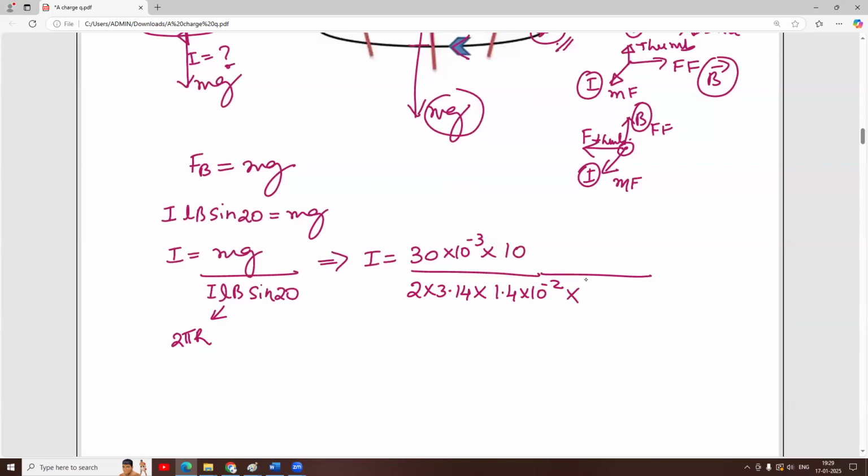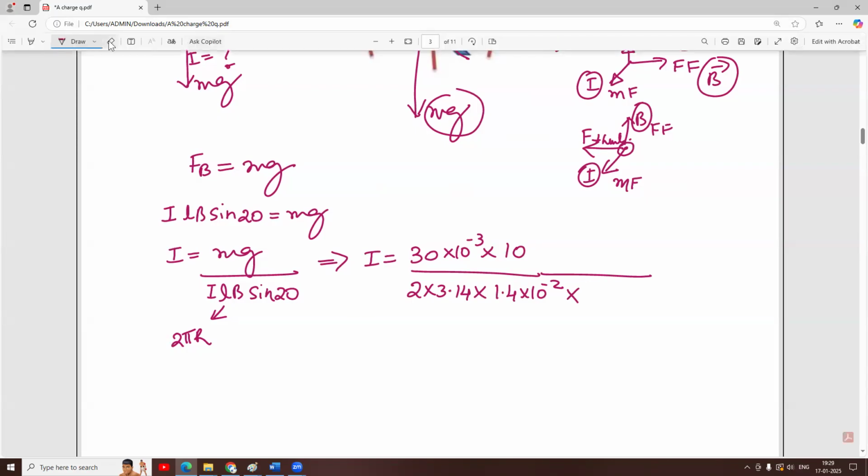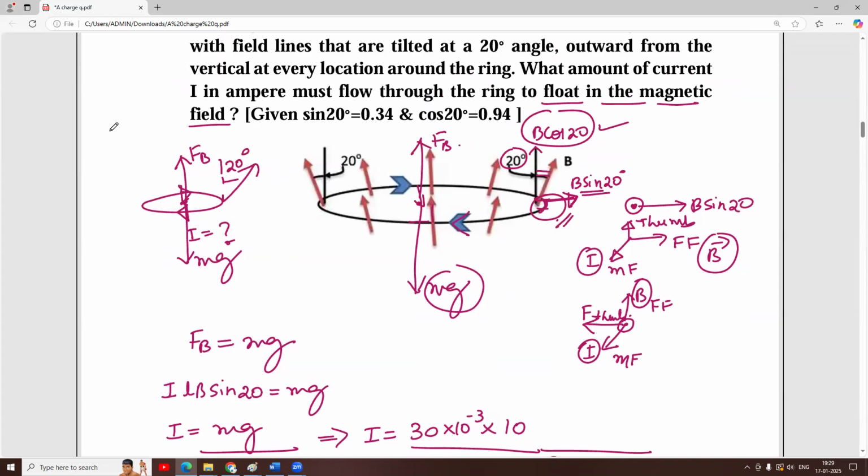So 2 pi r is over. Then B, the magnetic field strength, is 0.5 Tesla.